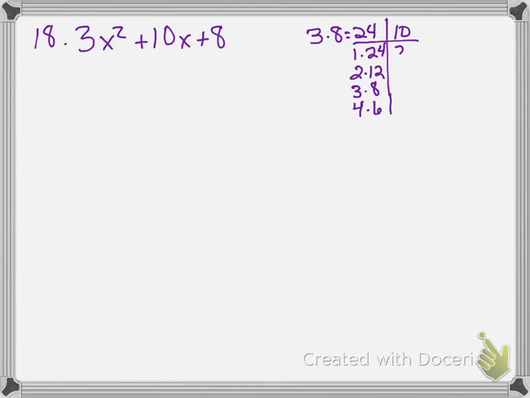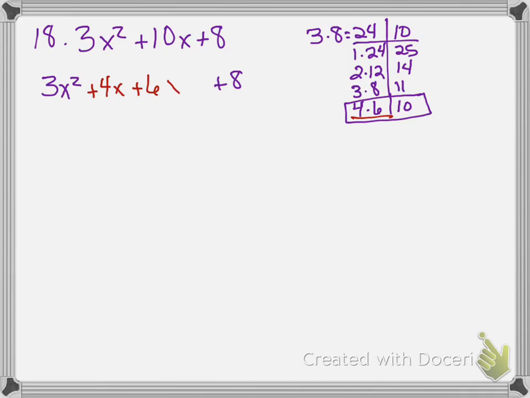Add the factors up and look for a total of 10, which is your B. Again, substitute the factors for the middle term, the B term, and then group and factor out the greatest common factor and find your binomial factors.